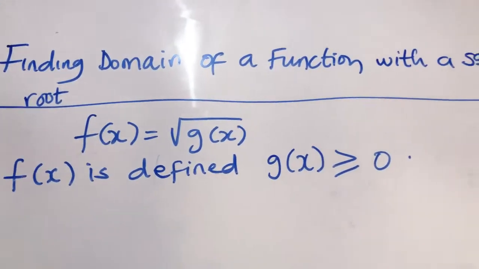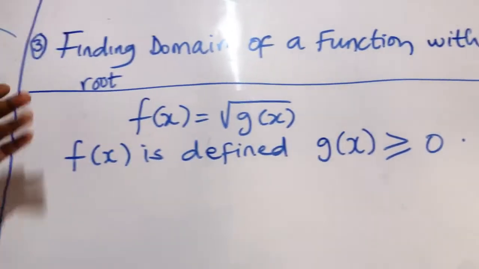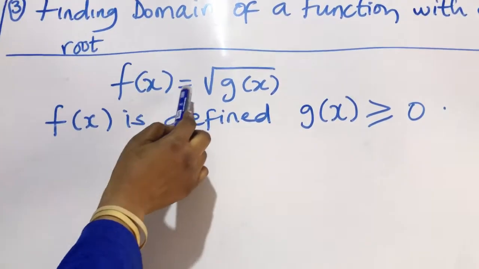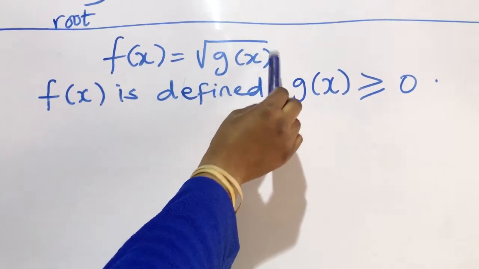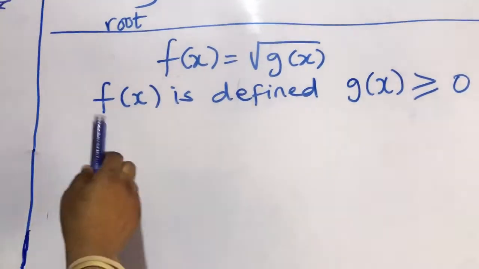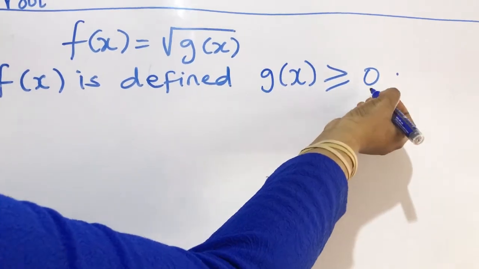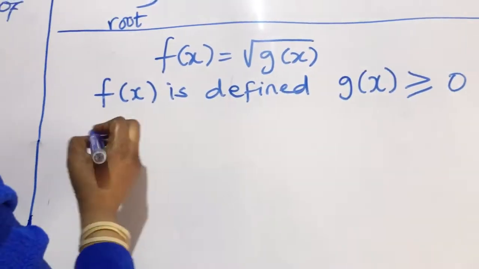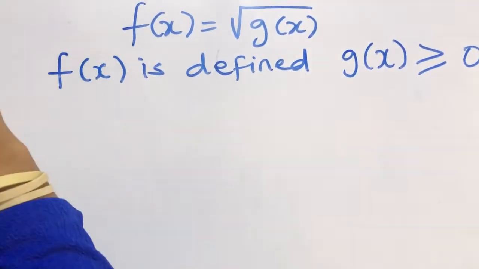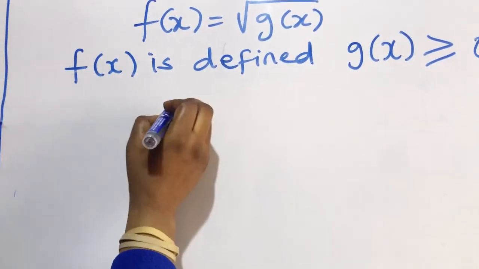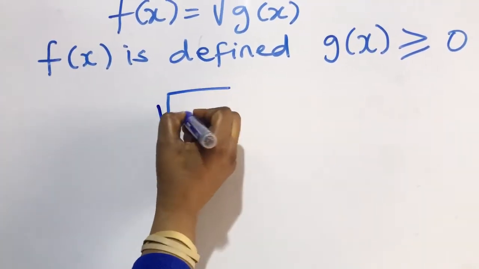Find the domain of a function with a square root. That is, if f of x is equal to the square root of any expression. So for f of x to be defined, the expression must be greater than or equal to 0. It will be undefined if your expression is negative.